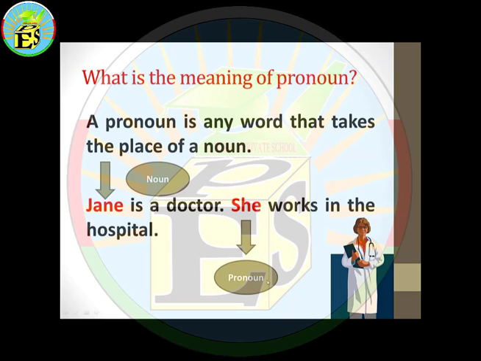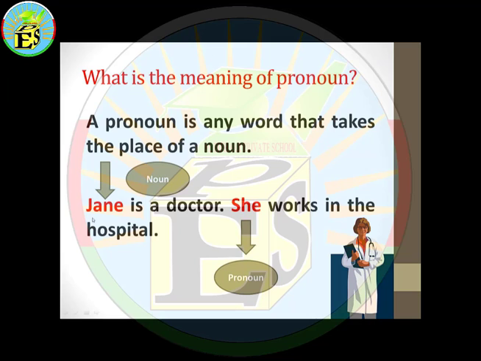So she here is the pronoun of the noun Jane. And of course we wrote the pronoun she because Jane is the name of a woman, and we use the pronoun she with women and girls.